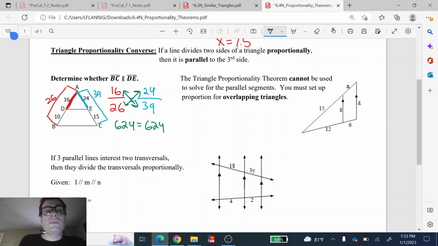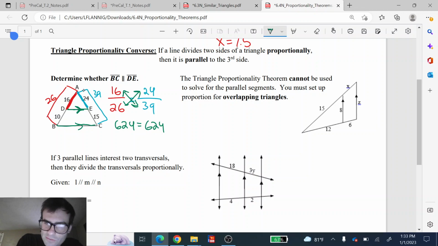And those are equal. Because they're equal, we know the triangles have the same scale factor, which means DE is parallel to BC. So we can prove these things are parallel if we know the sides are similar and they have that same scale factor. Then the triangle proportionality theorem cannot be used for the proportional segments.